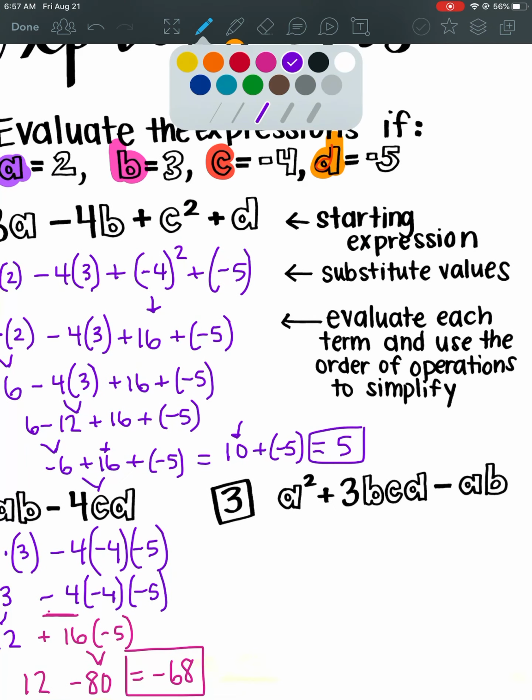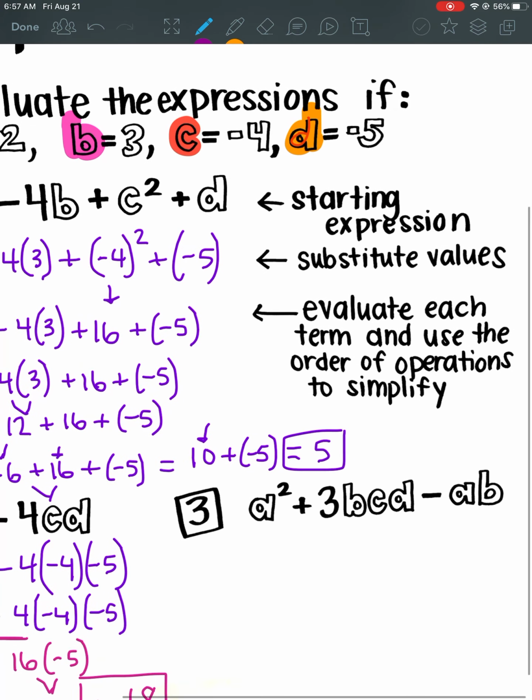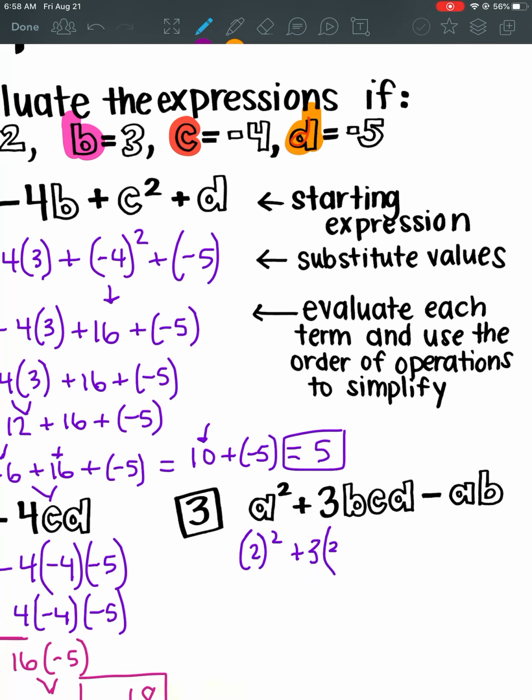Okay. Last one, substitute our values in. So A was 2, so 2 squared, and then plus 3 times B is 3, C is -4, D is -5, minus A was 2, B was 3, okay?